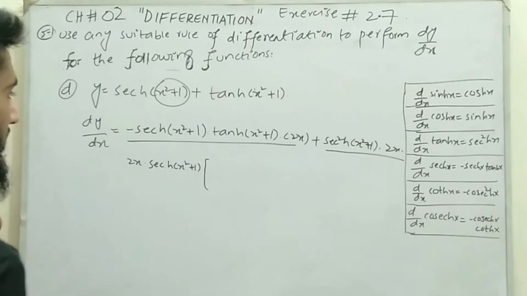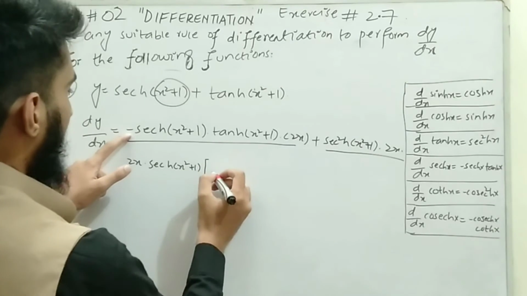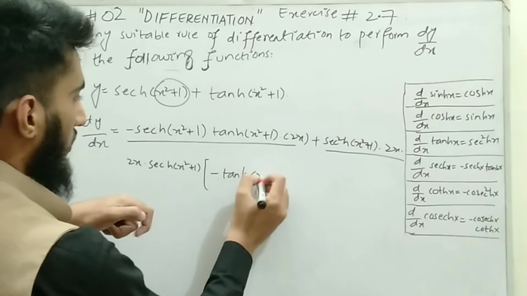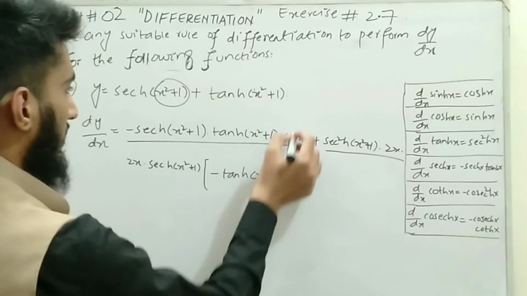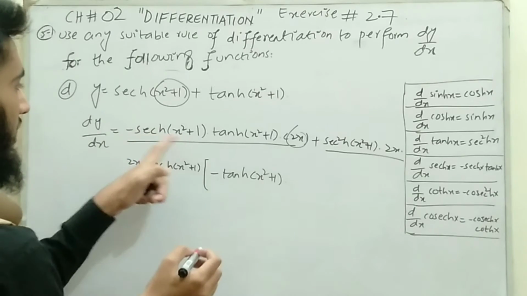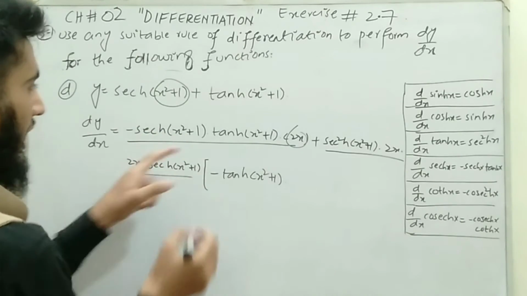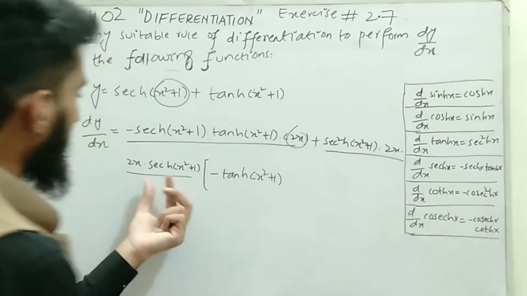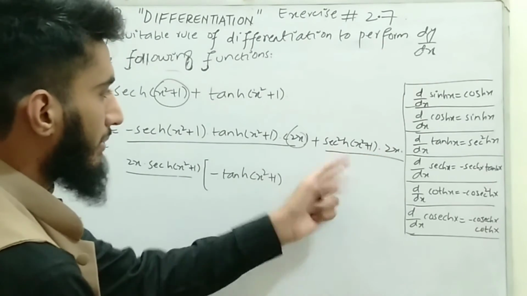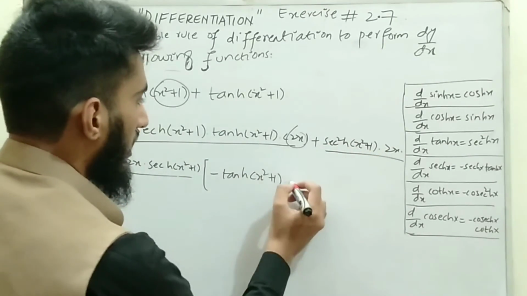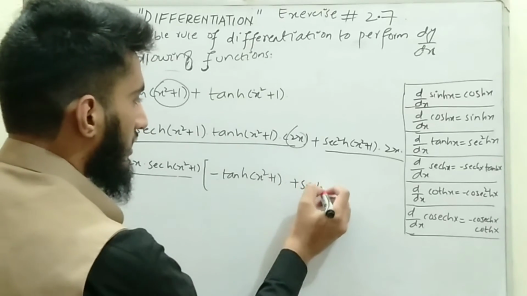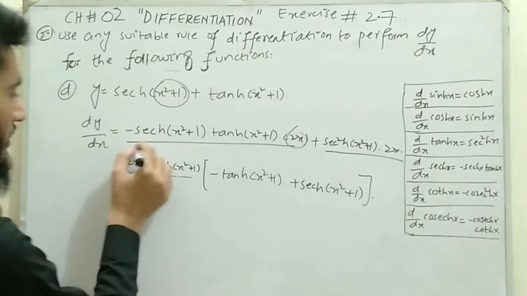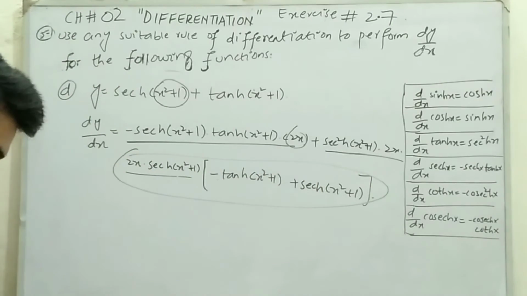By taking it out common, we are left with minus tanh of x^2 + 1, because 2x and minus sech of x^2 + 1 are taken out common. We are left with tanh of x^2 + 1, and here sech and 2x are taken out common. We are left with 1 sech of x^2 + 1. So it becomes plus sech of x^2 + 1. So this is our required derivative for part number D.